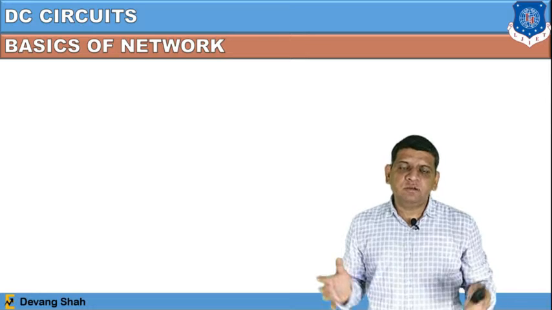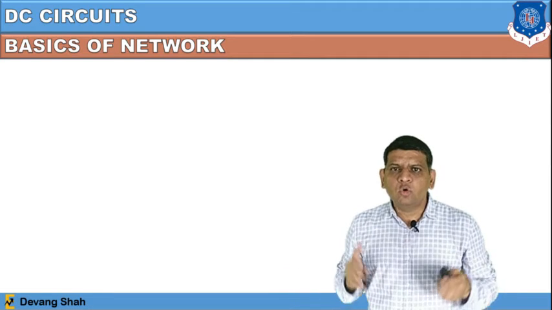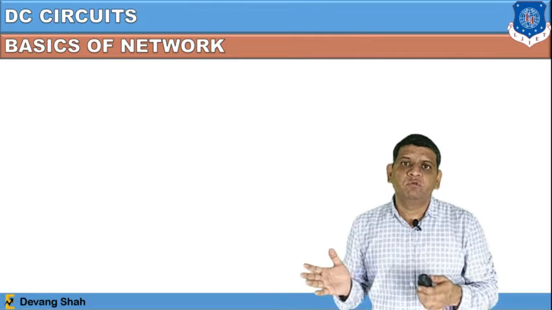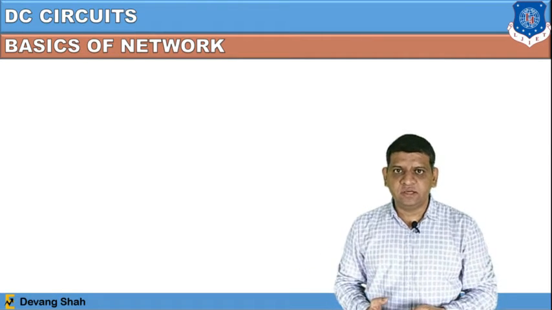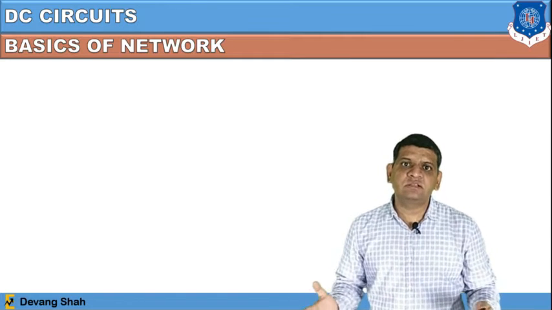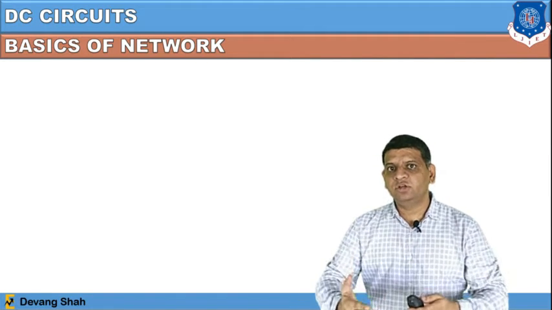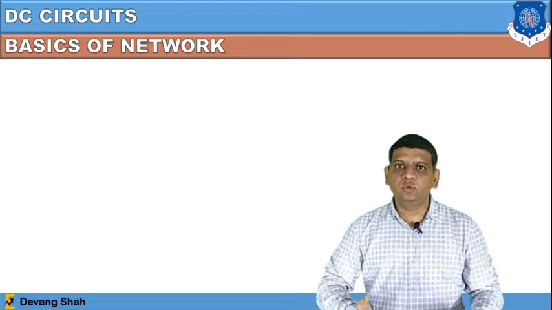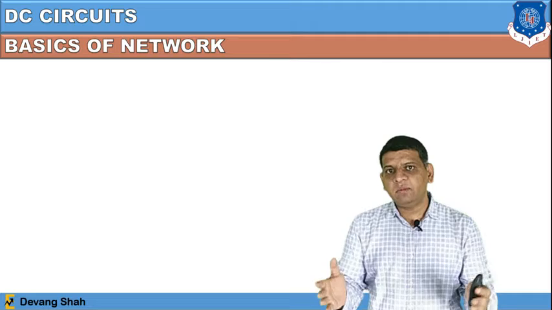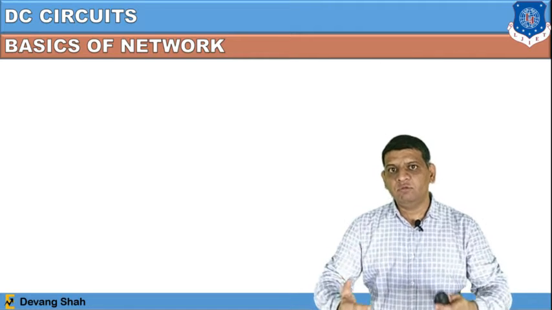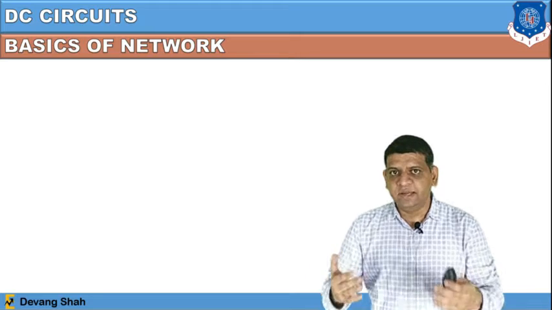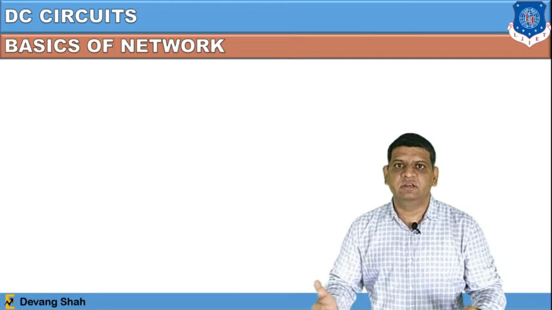Let's say there is a big network where many resistors are connected, along with some voltage sources and current sources. Let's say you want to find the voltage drop or current flowing through a particular resistor. How can you find it? There are different methods, different ways of solving circuit designs. That's why we use electrical or circuit theorems.